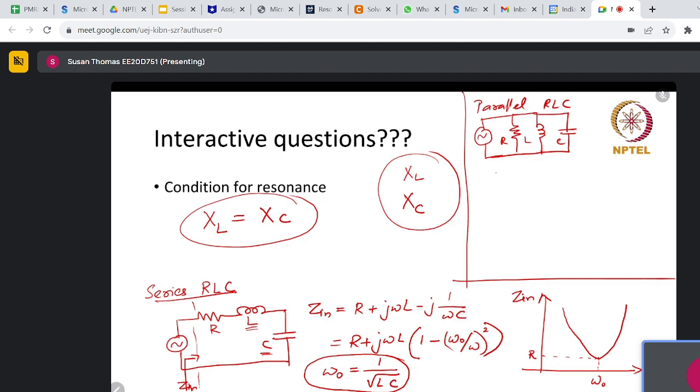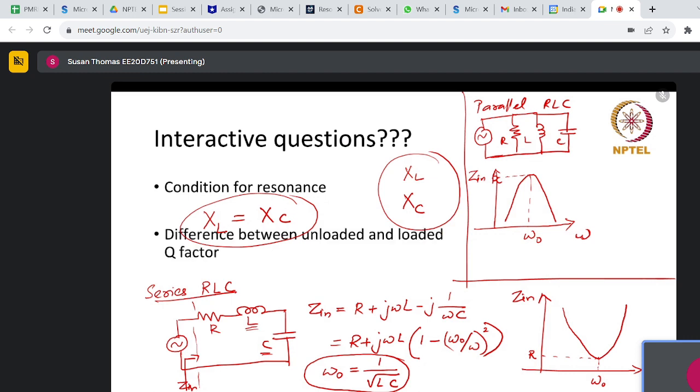If you simplify and finally get to the plot of input impedance versus omega, you see that it has a maximum impedance at resonance, and that is equal to R. The maximum input impedance is equal to R, and that happens at the resonance. So this is the series RLC and parallel RLC basics, or a very brief idea of what the series RLC and parallel RLC networks are.